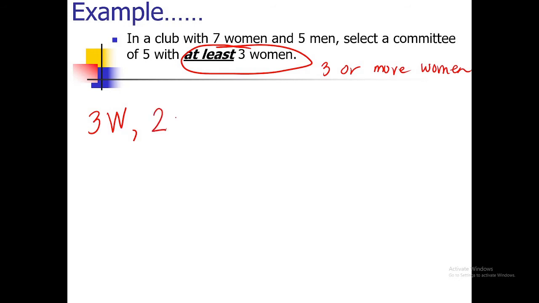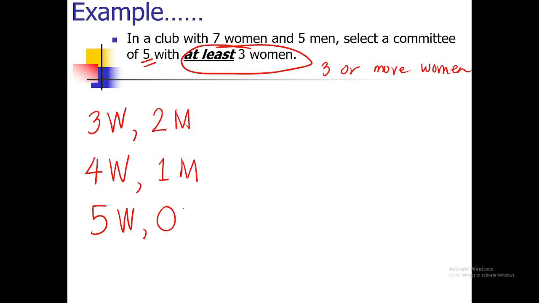Because 3 plus 2 is 5. Okay? Now, I said a while ago, 3 or more. So it can be 4 women. How many men is my partner? 1. One man. And lastly, it can be all women, like the 5 women, and we put 0 men.